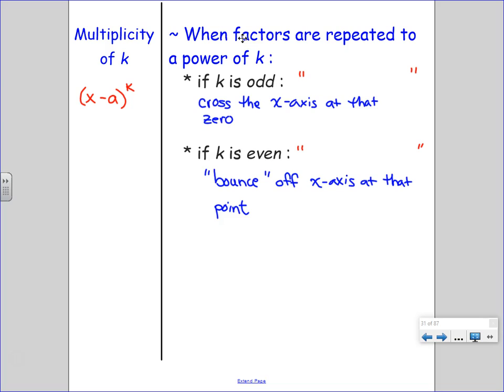And we have 2 different situations. Either we have a multiplicity of an odd number or a multiplicity of an even number. Why are we talking about this? It's actually another clue.